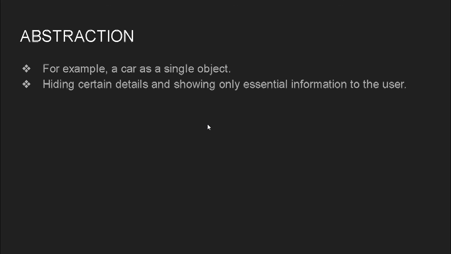Now let us talk about abstraction first. What is abstraction? Abstraction is nothing but hiding certain details and showing only essential details to the user. For example, assume that a car is being driven by a person.